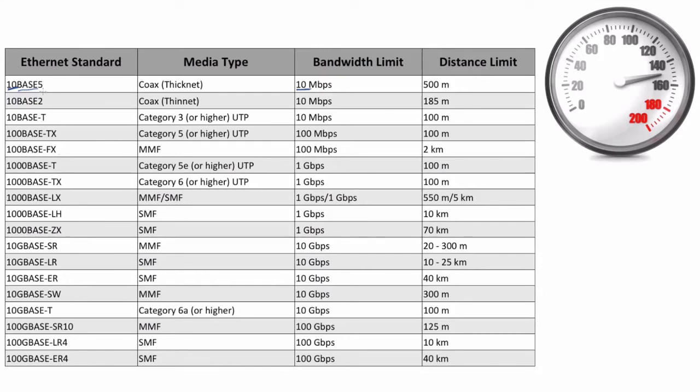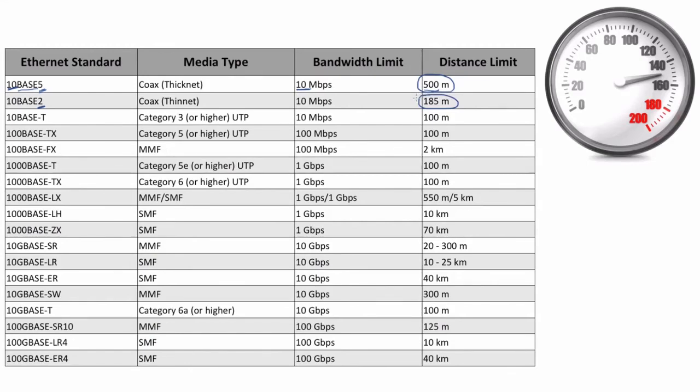And the 5 in 10 base 5 indicates 500 meters as the distance limitation. Now, that is not a hard and fast rule that we can always turn to. For example, in 10 base 2, the 2 is suggesting perhaps a distance limitation of 200 meters. In actuality, it's close to 200 meters, but it's really 185 meters.